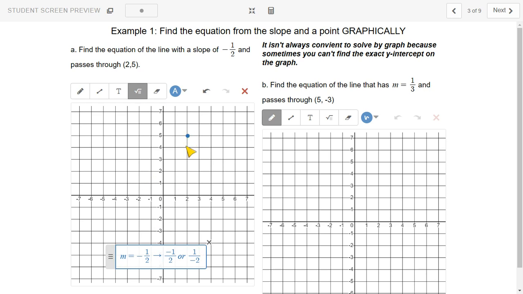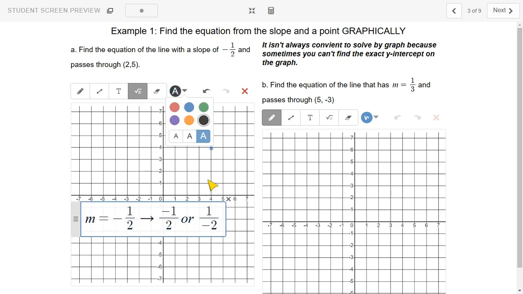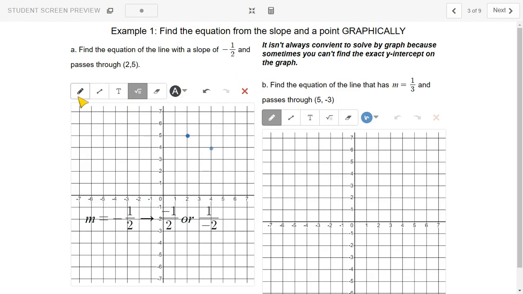Now, let's say I were to use the first one here. I would be going down by 1 and across to the right by 2. If I were to use the second one, I would be going up by 1 and to the left by 2.